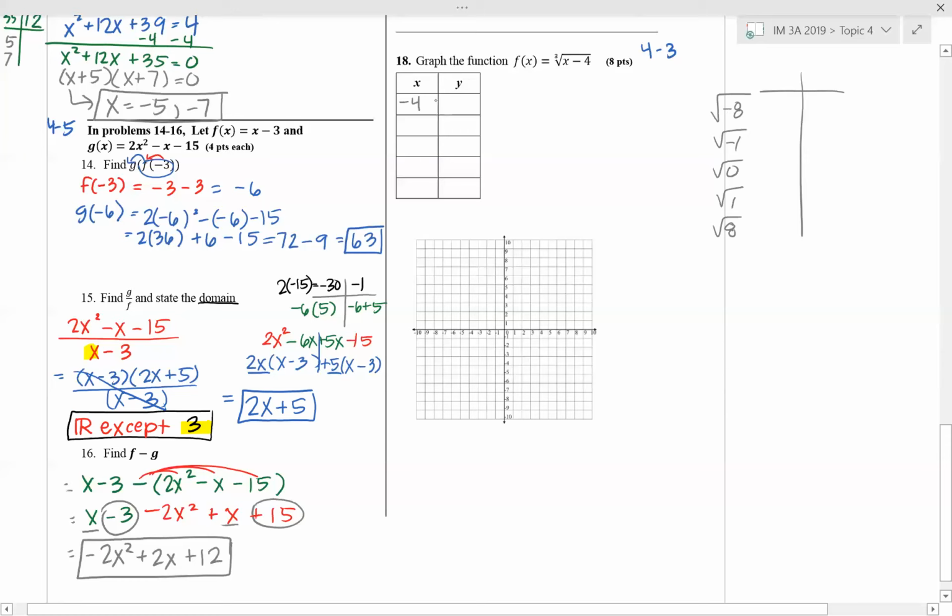And so then when I plug this in, oh, I should have cube roots here, sorry. When I plug this in, the cube root of -4 minus 4 simplifies to the cube root of -8, which is -2. So my first point is going to be (-4, -2).